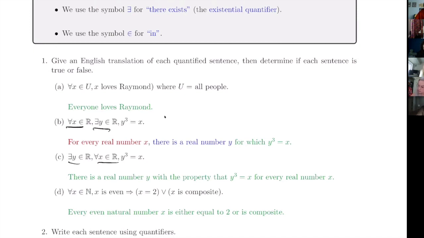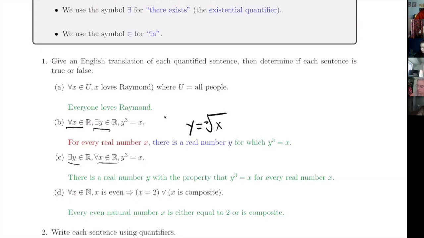The first one says for every number x, there exists a number y for which y cubed is equal to x. That's a true statement because given any value for x, I can find such a y by just taking the cube root of x, and cubing that gives me x back. So this statement is true.